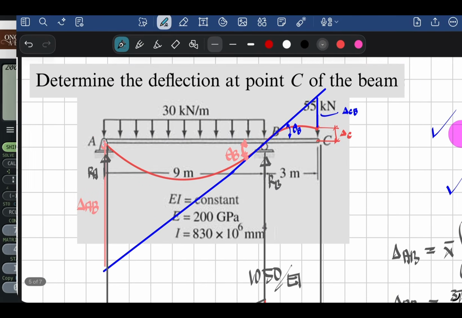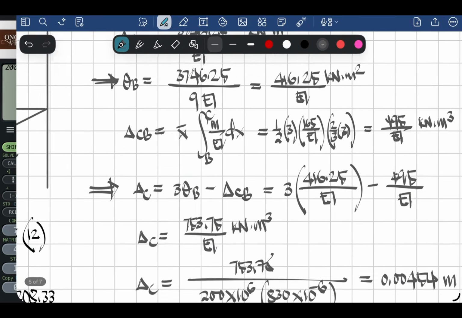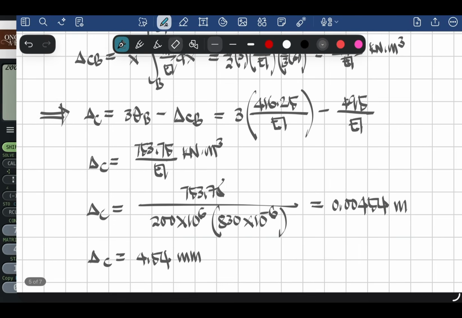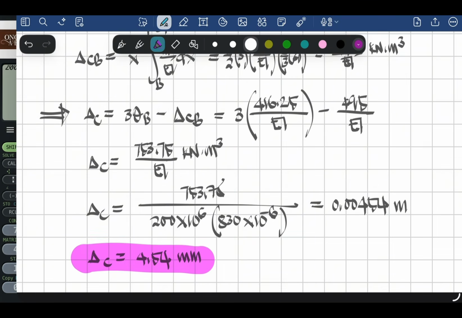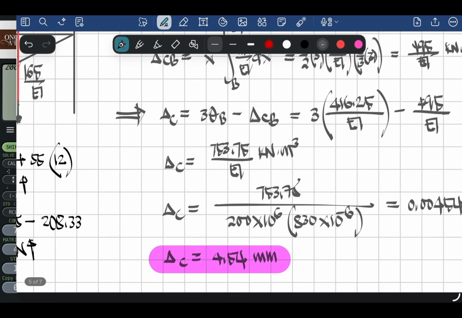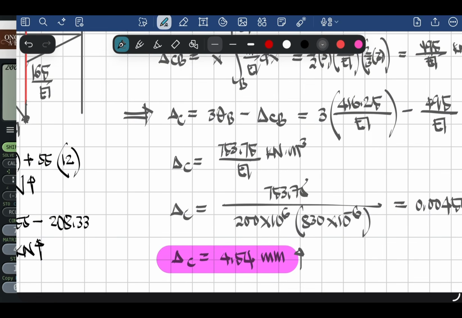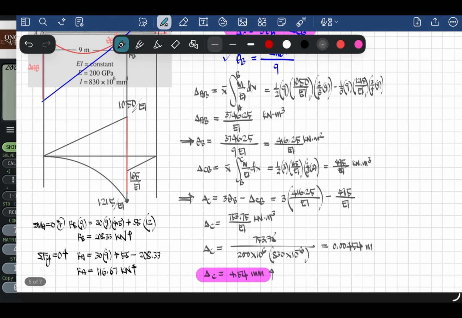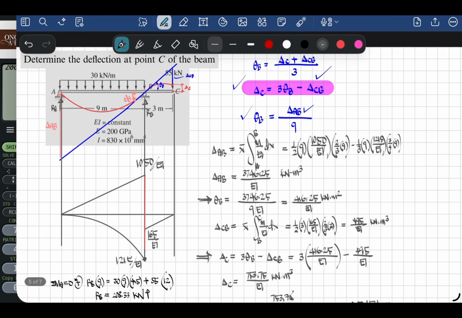Delta C is upward, positive. So the deflection is upward at point C of the beam. Okay, so that's it for the moment area method in this problem.